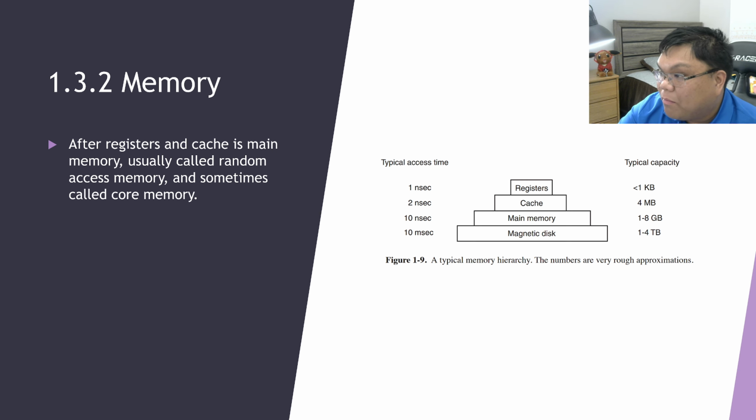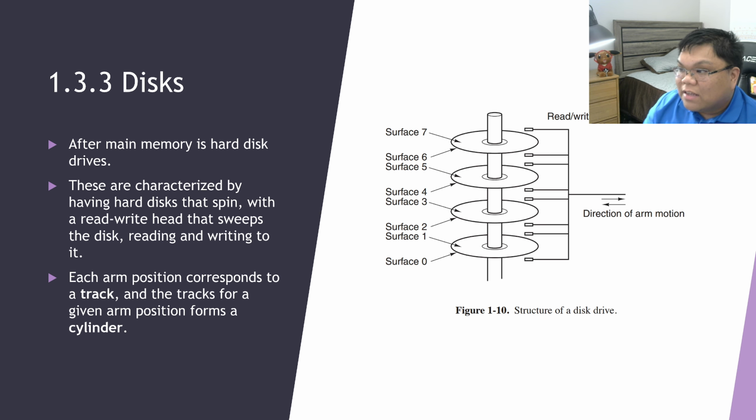One level below main memory is disks. So we have these magnetic platters and a read-write head that would move over top of these spinning platters. These are the characteristic features of a hard drive, or I should say hard disk drive, in contrast to floppy disk drives, which have magnetic disks that are physically floppy.